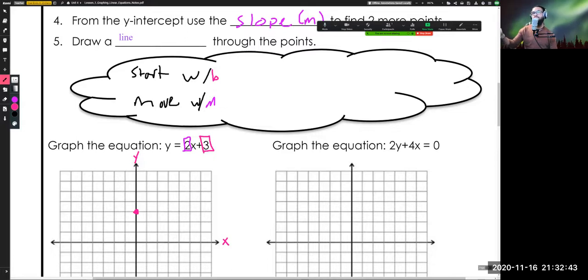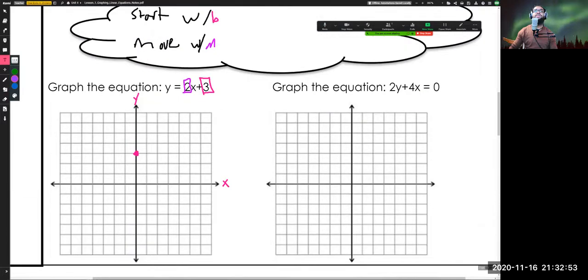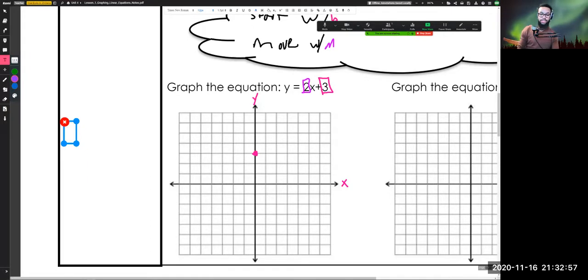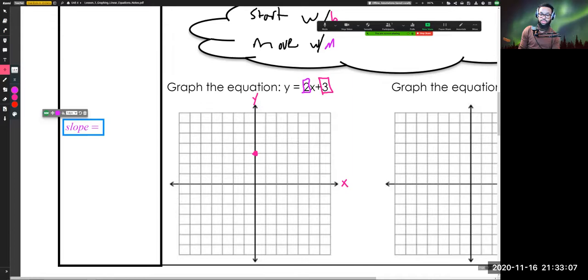Mr. Williams, how do we use our slope to move? I'm glad you asked. Remember, our slope is our rise over run. Once again, a little reminder, I'm going to write it off to the side: slope is rise over run.